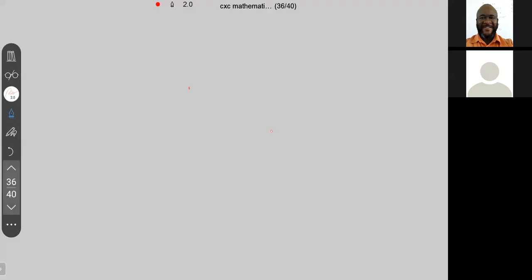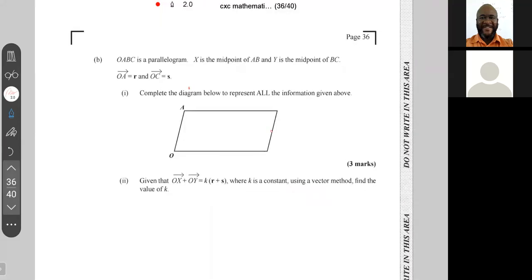Turning the page. All right, and this brings us now to a vector question. This says OABC is a parallelogram. X is the midpoint of AB, and Y is the middle of BC.